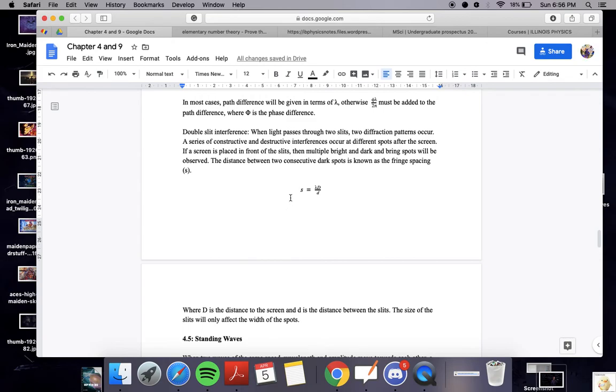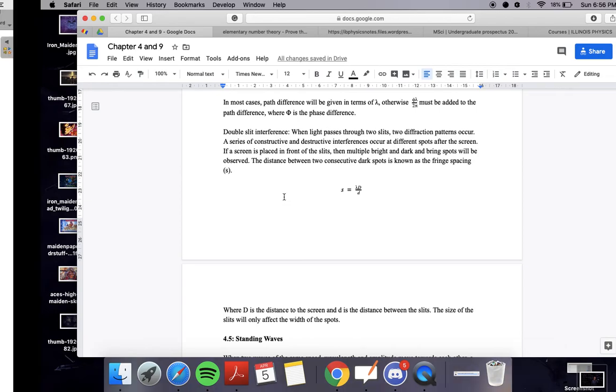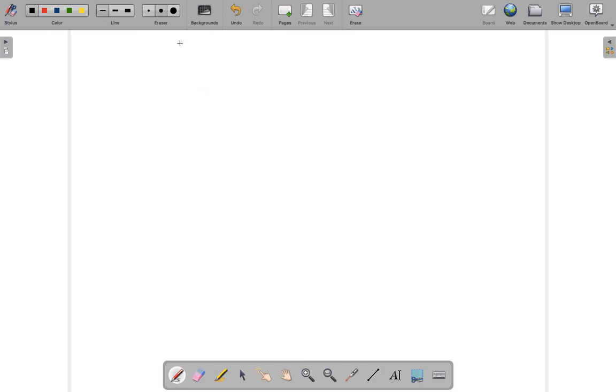So now an equation that will help you in double slit interference. Now let's once again get the drawing of a double slit out. We have the light source shining light onto the two slits, and we have a screen over here. Let's say we have a bright spot over here, a bright spot over here, a bright spot over here, a bright spot over here, bright spot over here.